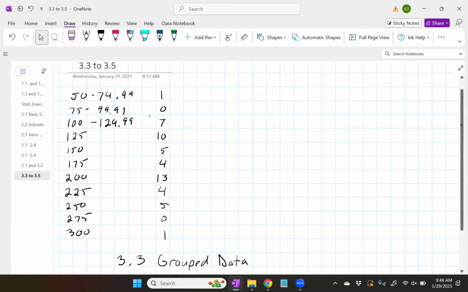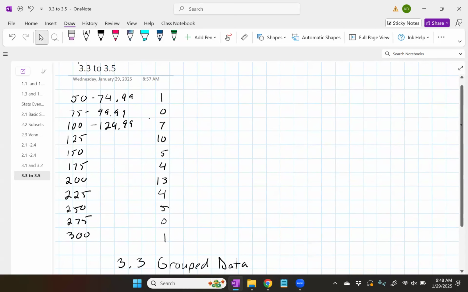We're going to come back to our data set, but if this is our data, our first interval goes from 50 to 74.99. I would probably just use 75 for my calculations. Works the same way. So that's our midpoint. 50 plus 75 over 2.